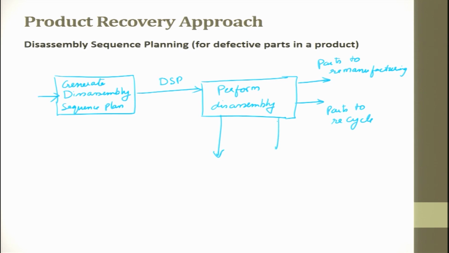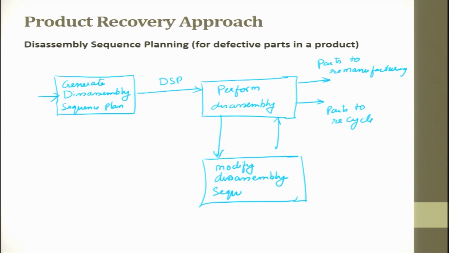So, here we modify the disassembly sequence plan, and this is the incoming product, and this is the current part in DSP, defective.